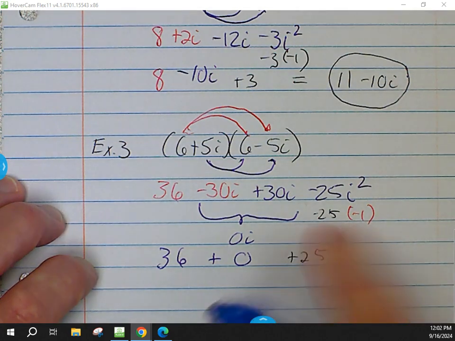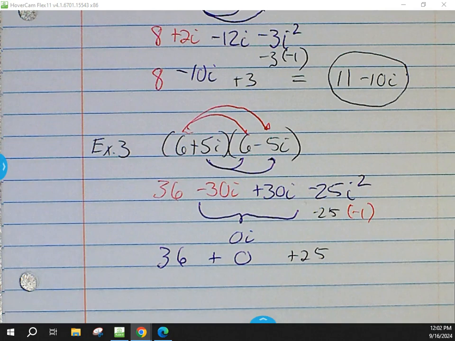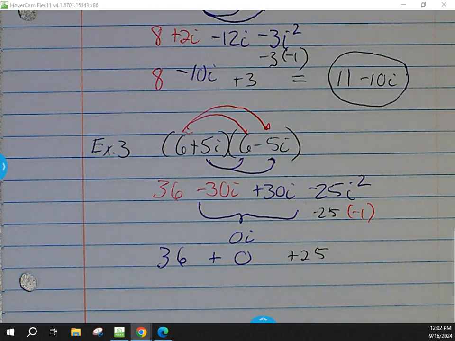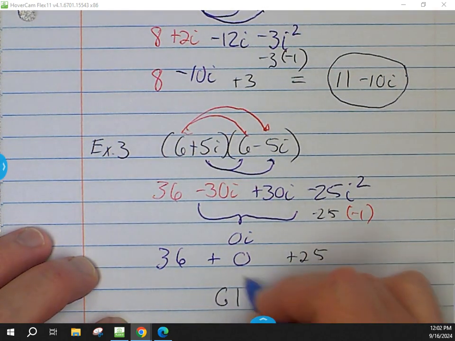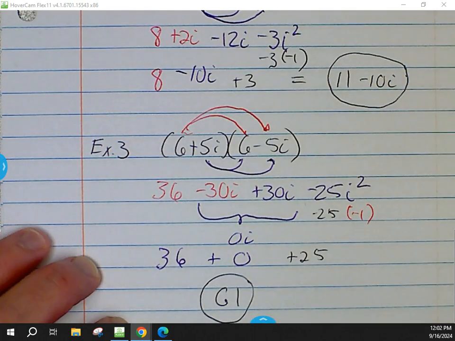So negative times negative makes that a positive 25. So this is one of those problems where, and sometimes this will happen, the i term just goes away, and we're left with 36 plus 0 plus 25. So the answer is just 61.